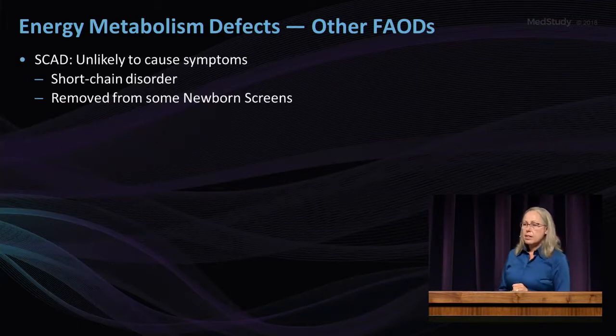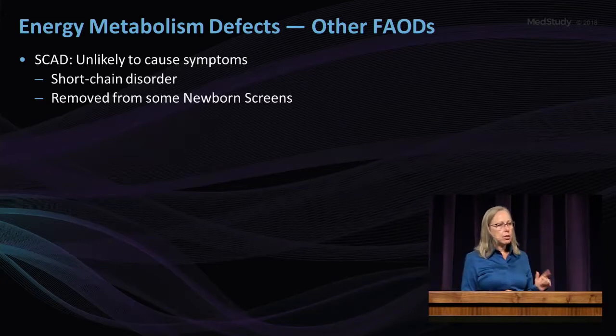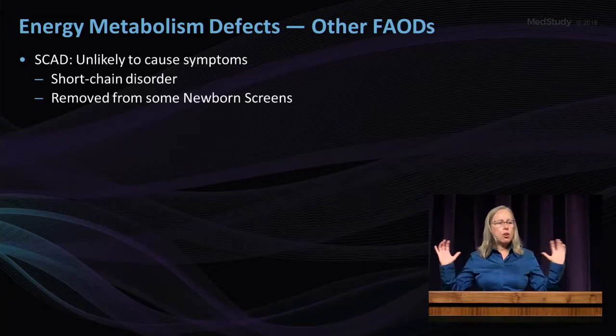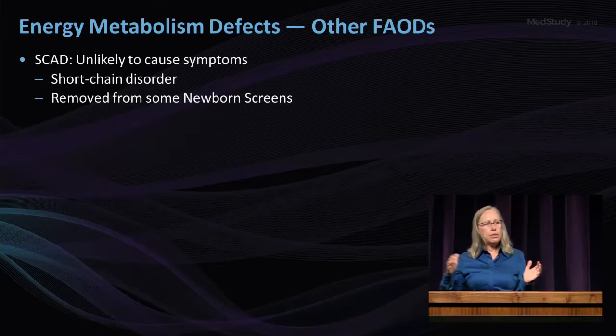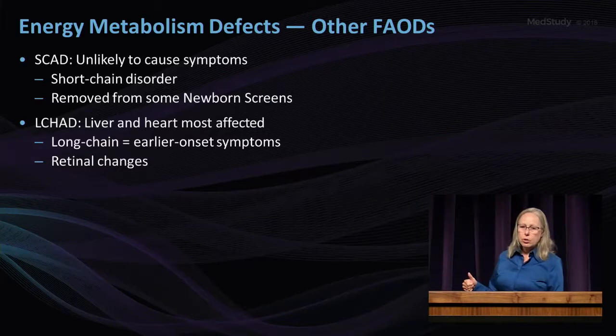So other fatty acid oxidation disorders. Short chain is unlikely to cause symptoms, and it has been removed from some newborn screens because we think it's a non-entity. You're getting all the energy you need, and if you can't do the last couple of steps, it doesn't cause you health problems. Long chain, the liver and heart are most affected. You get an earlier onset of symptoms and retinal changes.